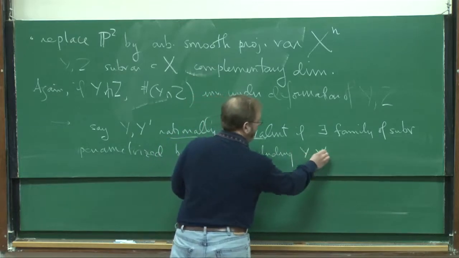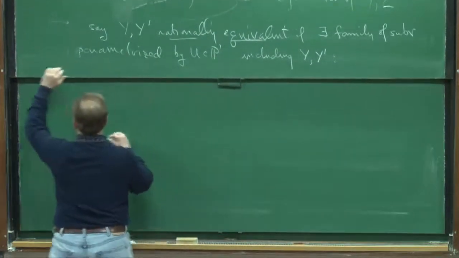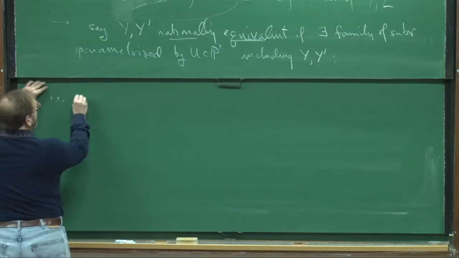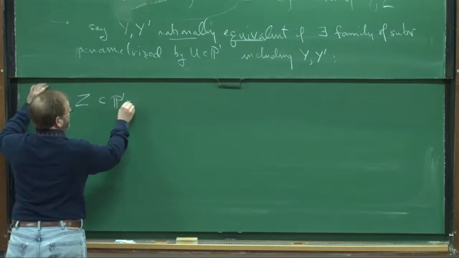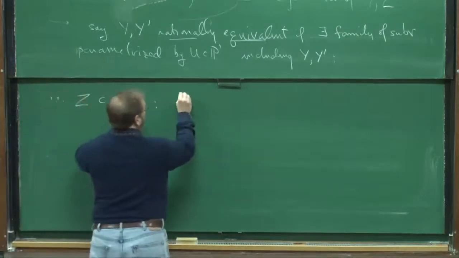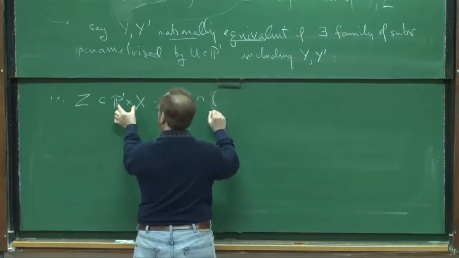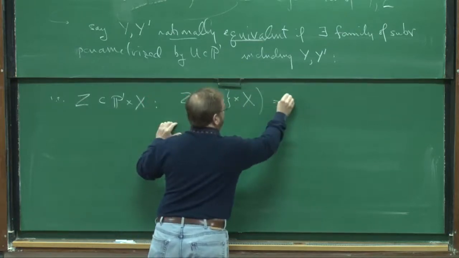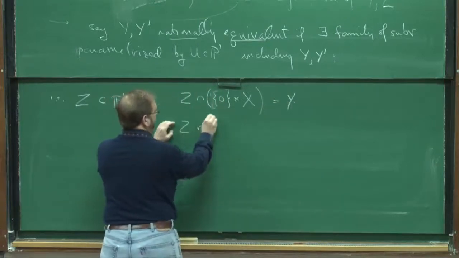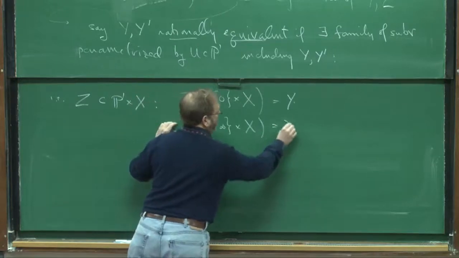Y and Y prime. Now, again, what we mean by a family, this is the standard definition of algebraic geometry. What we mean is a subvariety Z sitting inside P1 cross X, such that if I intersect Z with the fiber over 0, say 0 cross X, I get back Y, and if I intersect with, for example, the fiber over infinity, I get Y prime.